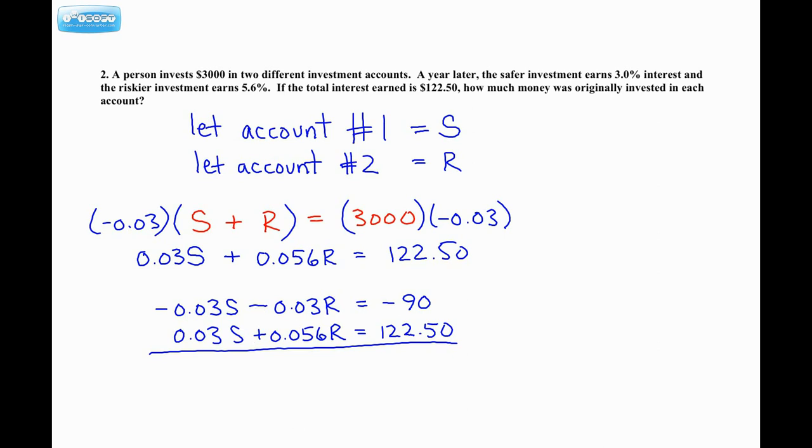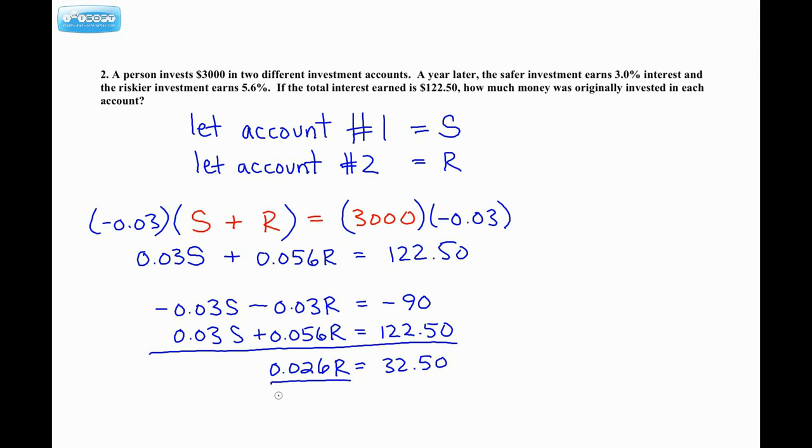But you add these together, so you have negative 0.03 plus 0.056, and you get positive 0.026 R. Okay, and then negative 90 plus 122.5, I get 32.5.